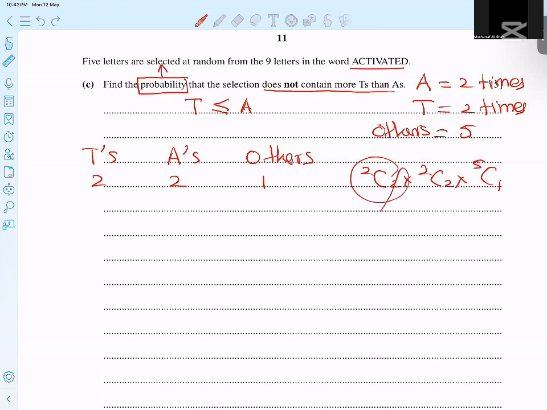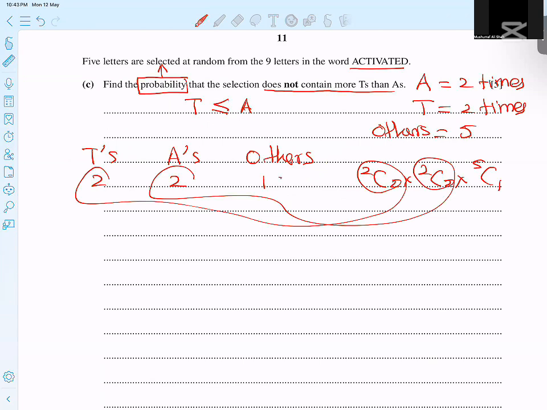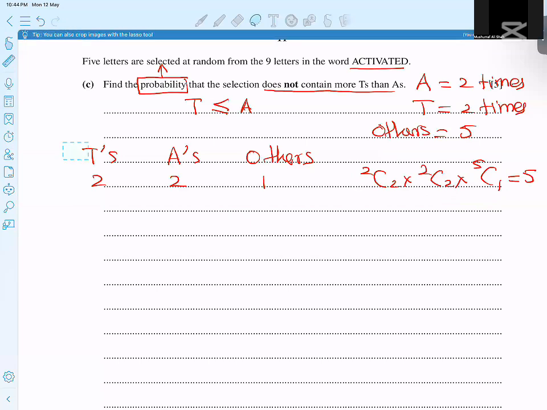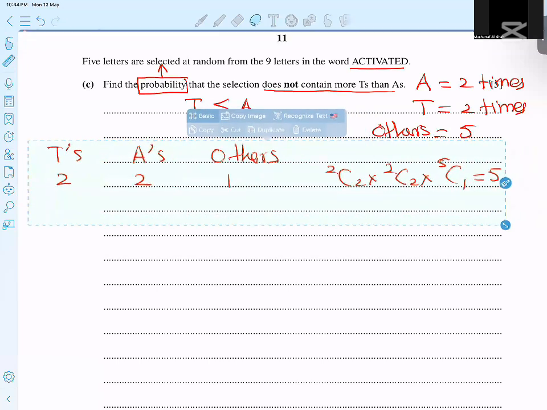So 2C2 means from these two T's, I will take both T's, and the same for A's. I need 5 total, 4 already done. From these 5 others, I need 1. So this is 1, 1, and 5, and the answer turns out to be 5. So the first option is done.